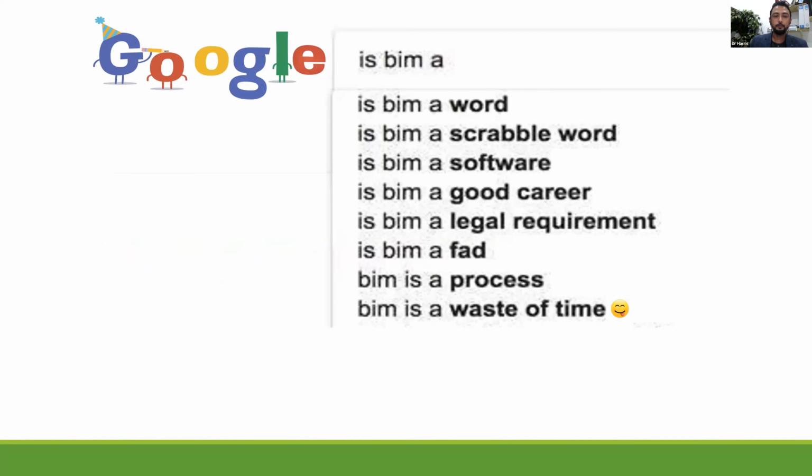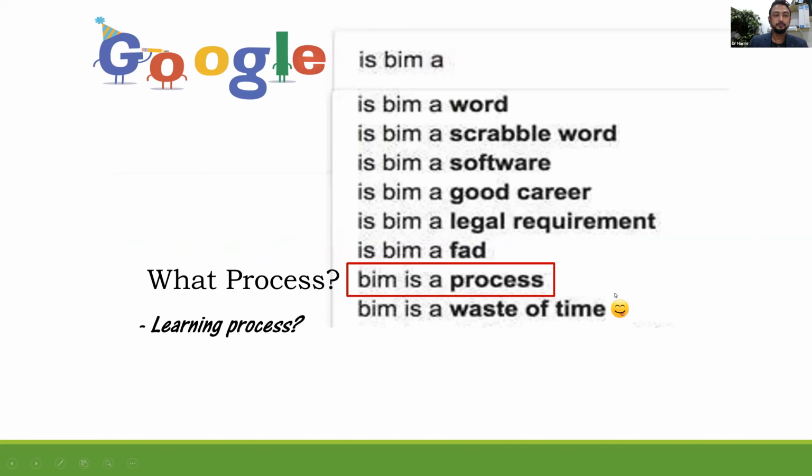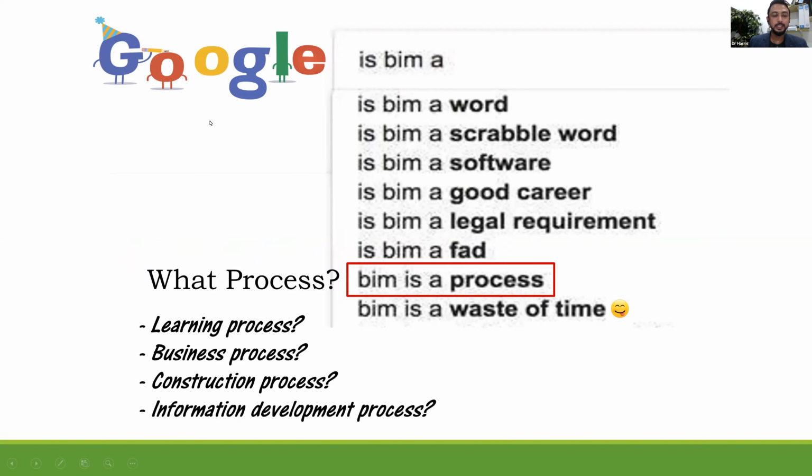So in terms of process, if you Google about BIM, it will show you that BIM is a process. So the question is, what process? Is it a learning process? Is it a business process, construction process, or information development process? So BIM is a process, but what process?